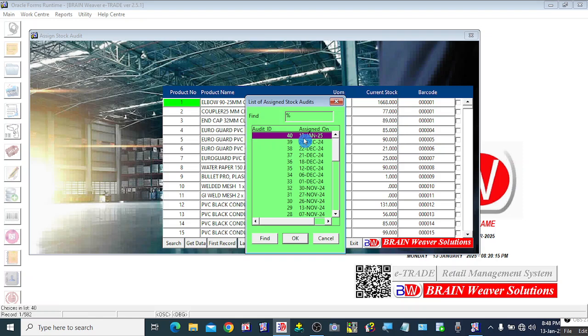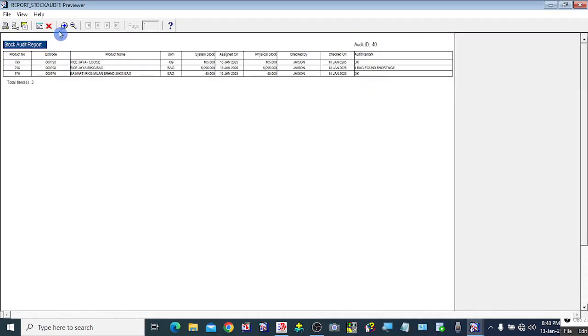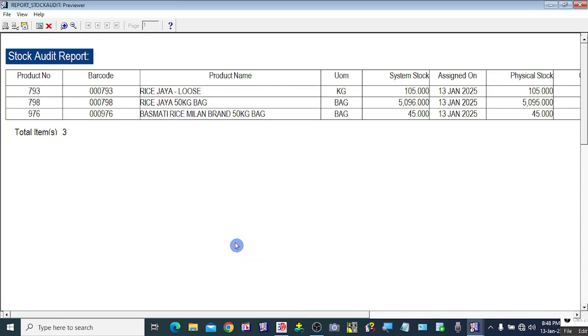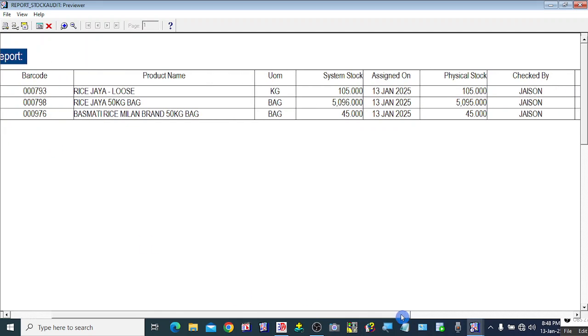Choose the emergency stock audit ID. 40 is the recent one. By clicking, system will generate the internal stock audit report like this. Three items we have included in the emergency stock audit. These are the items.